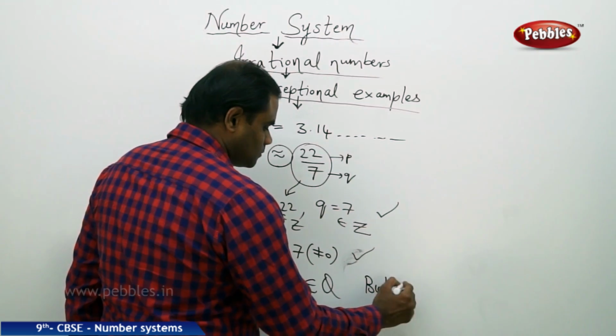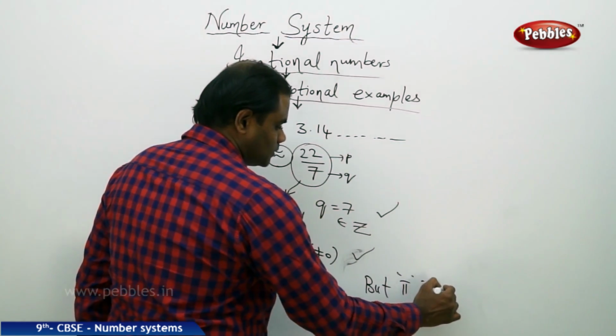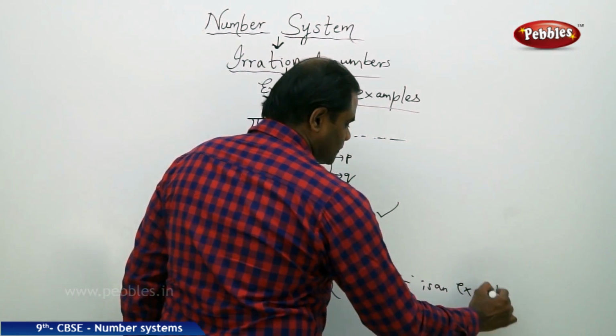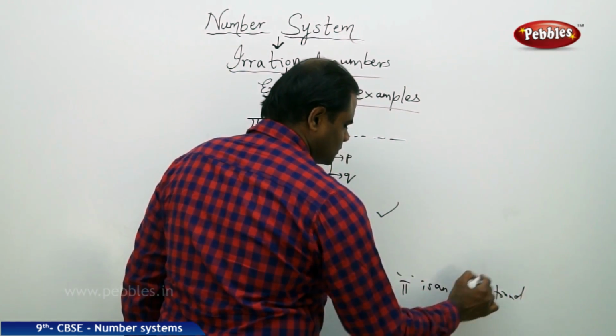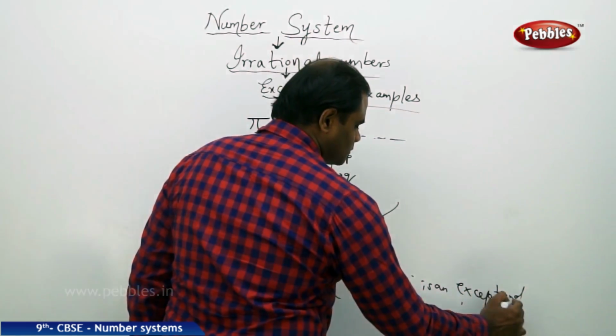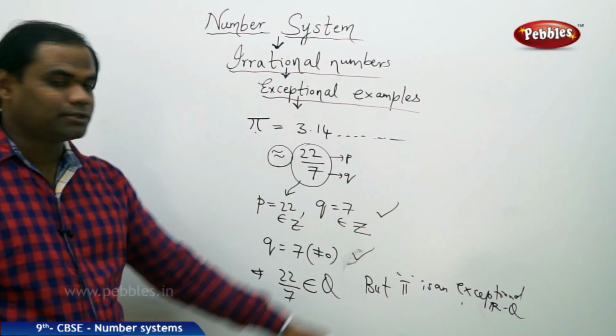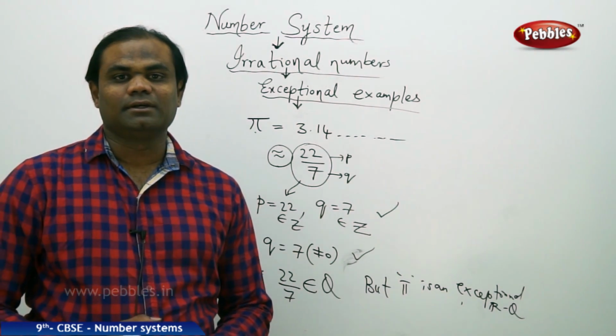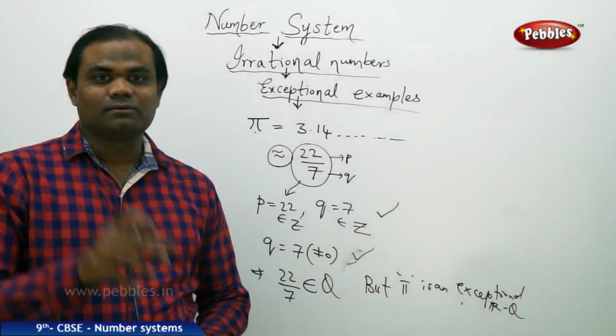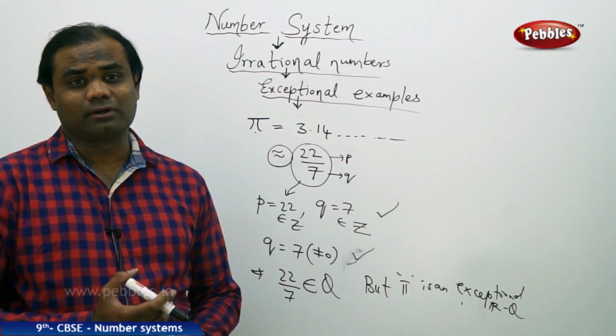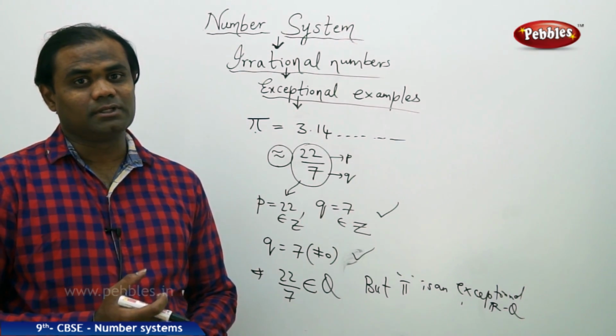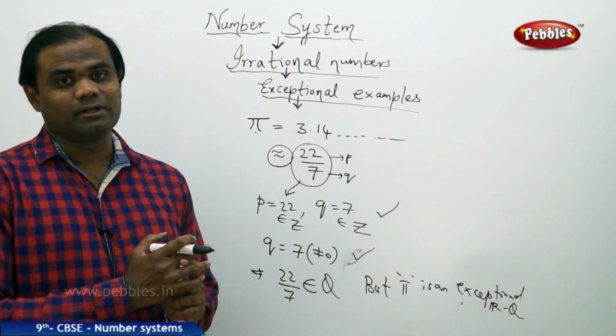But pi is an exceptional irrational number. R minus Q is how we identify the specific numbers in mathematics which are not accepted in irrational numbers.